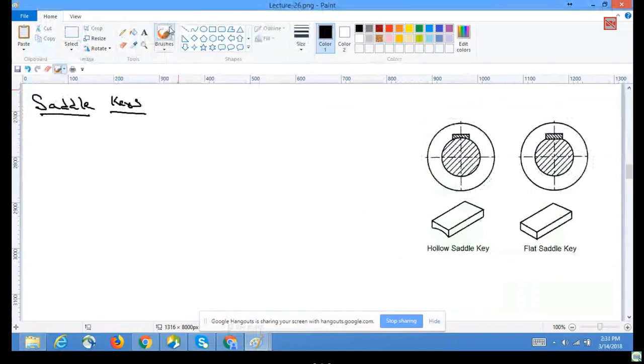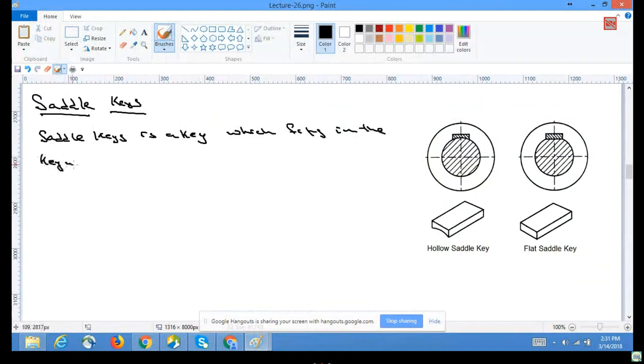So the saddle key is a key which fits in the keyway of the hub only.